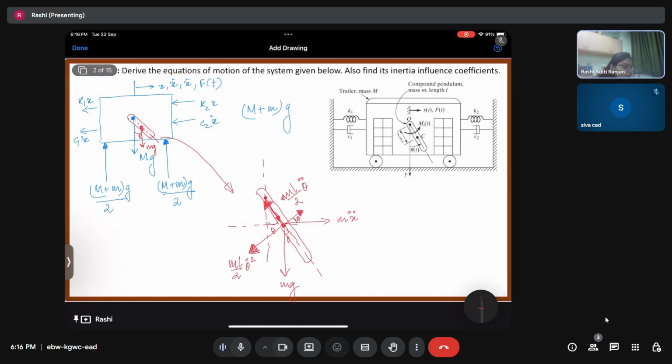So it has components in the vertical direction and the horizontal direction. Its component in the horizontal direction is going to contribute towards the x movement. So we are going to have m x double dot plus m L by 2 theta double dot into cos theta, right? Into cos theta.